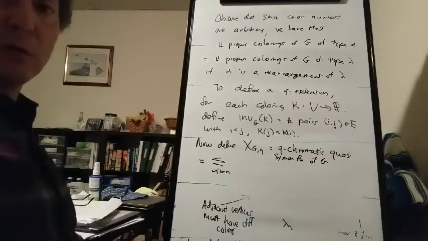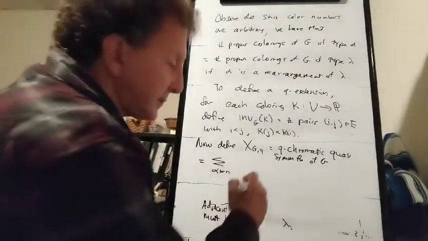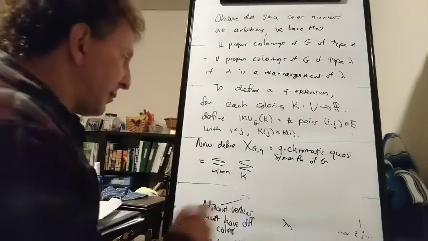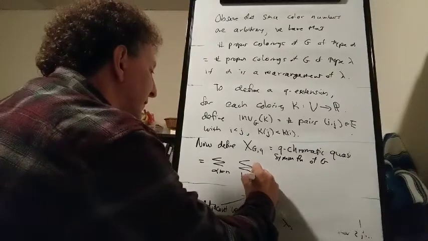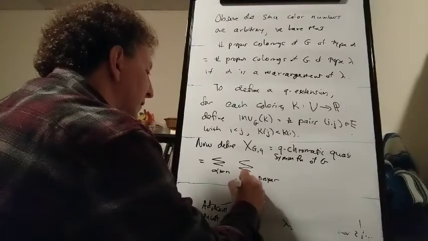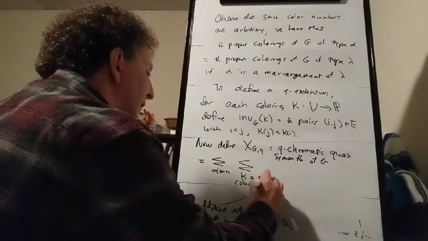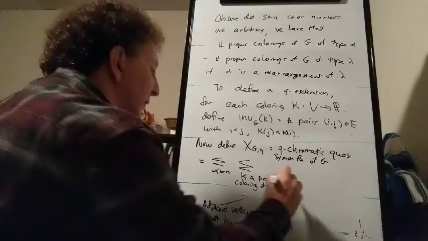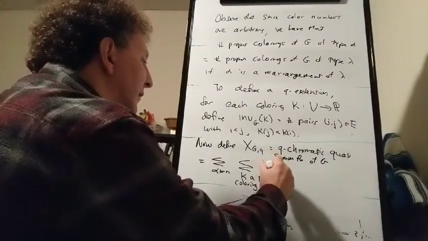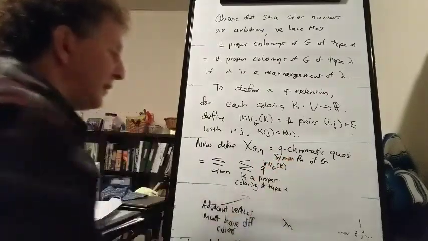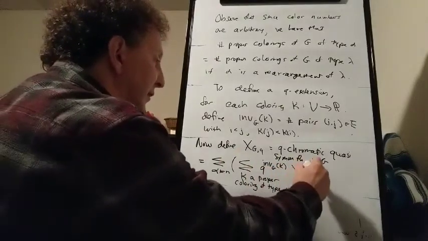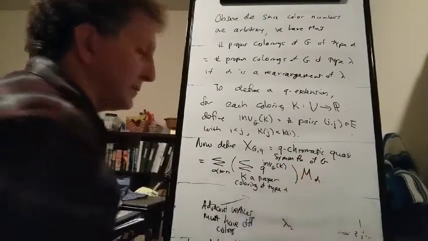So this will be a sum over all compositions alpha of n, a sum over all proper colorings kappa of type alpha, q to the number of inversions of kappa. We'll put that sum next to the quasi-symmetric function capital M alpha.